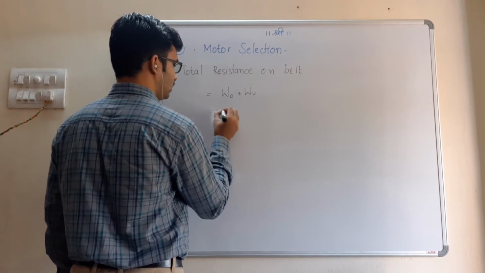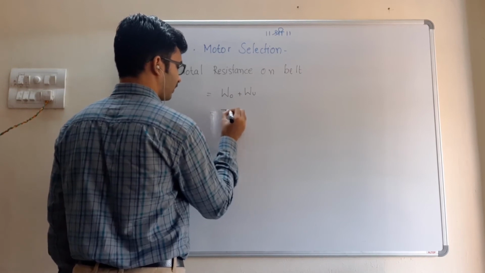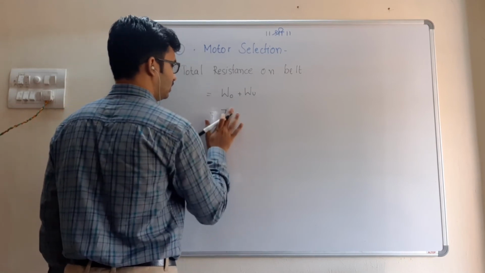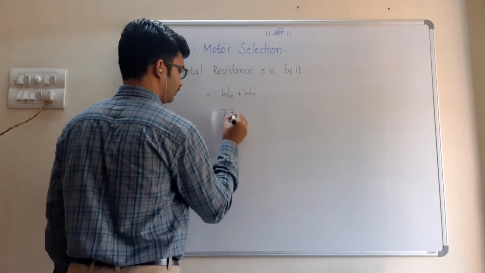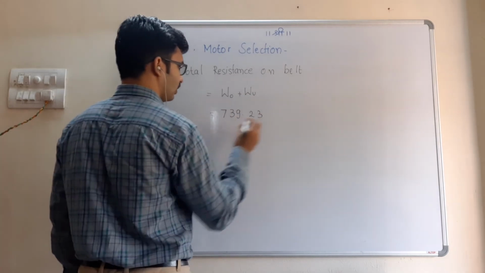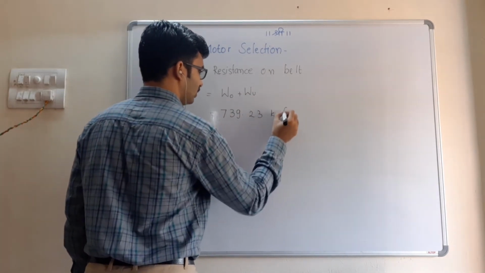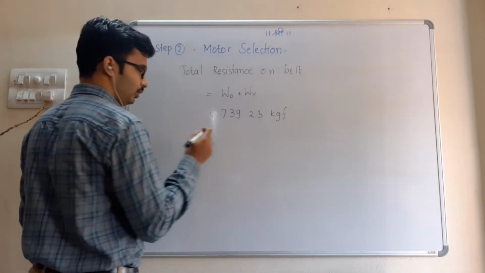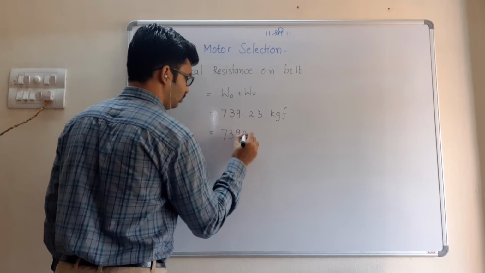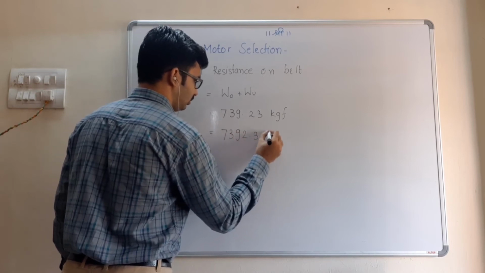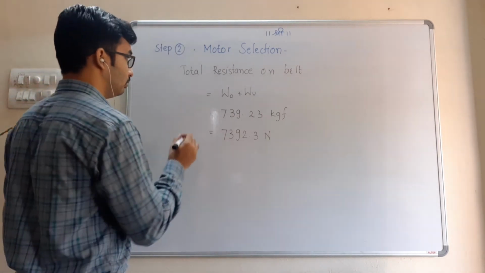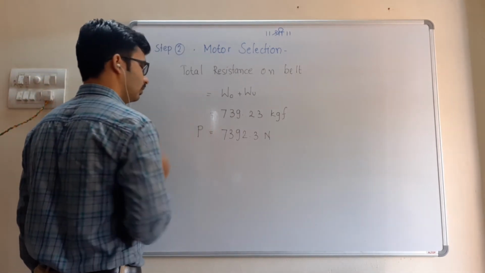In our case it is 739.23 kgf, and if we convert it into Newton, you will get it as 7392.3 Newtons, multiplied by 10. So this is your P.